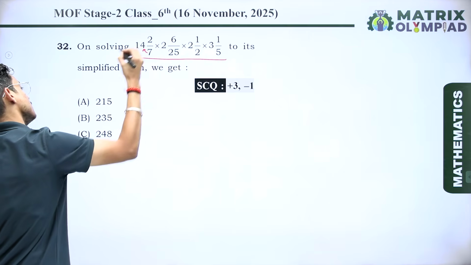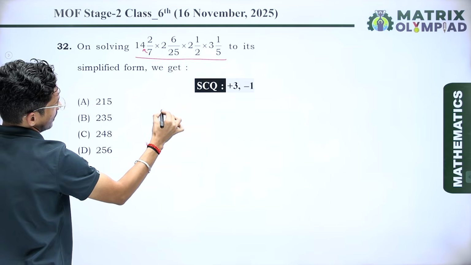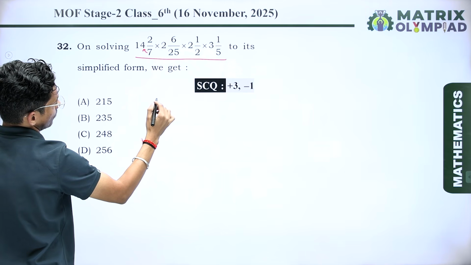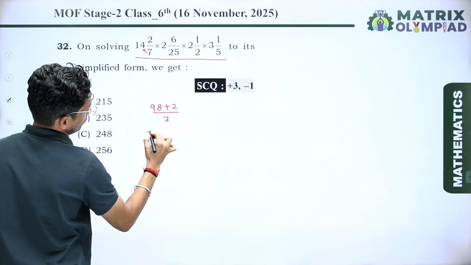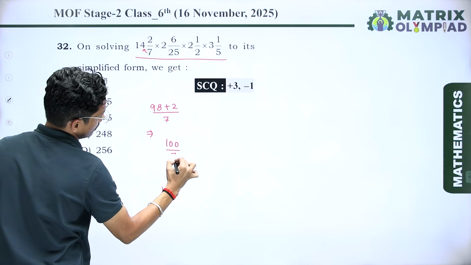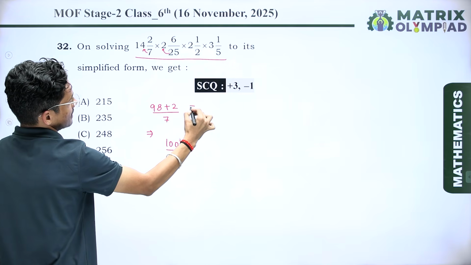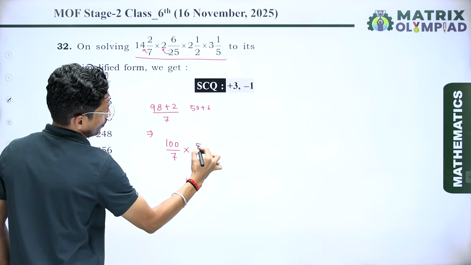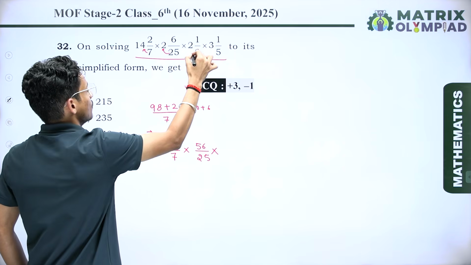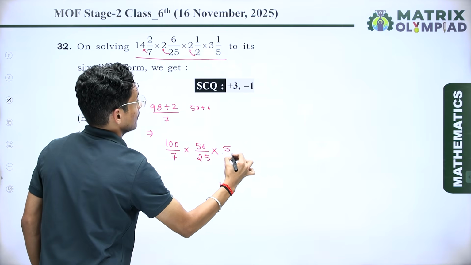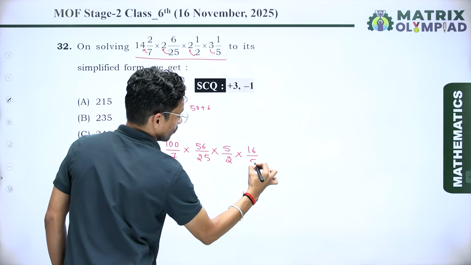We know 14 7s are 98, 98 plus 2 upon 7, that is 100 upon 7, multiply, 25 2s are 50, and 50 plus 6, that is 56 upon 25, multiply, 2 2s are 4, 4 plus 1, 5 upon 2, multiply, 5 3s are 15, 15 and 1, 16 upon 5.